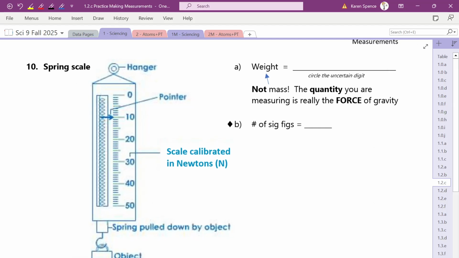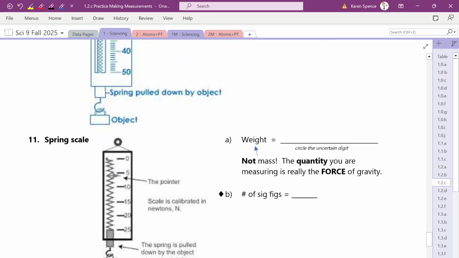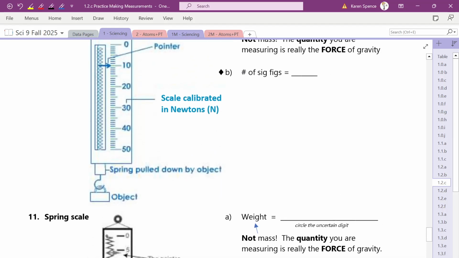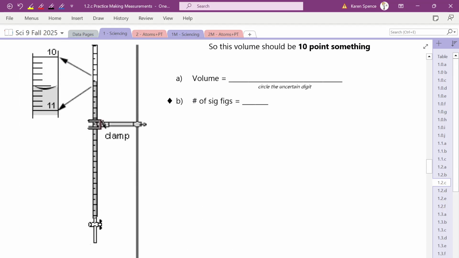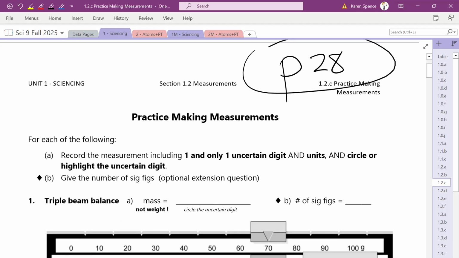Okay. That's a spring scale. And then 12 and 13 are just things. So give those a practice. That's the homework.